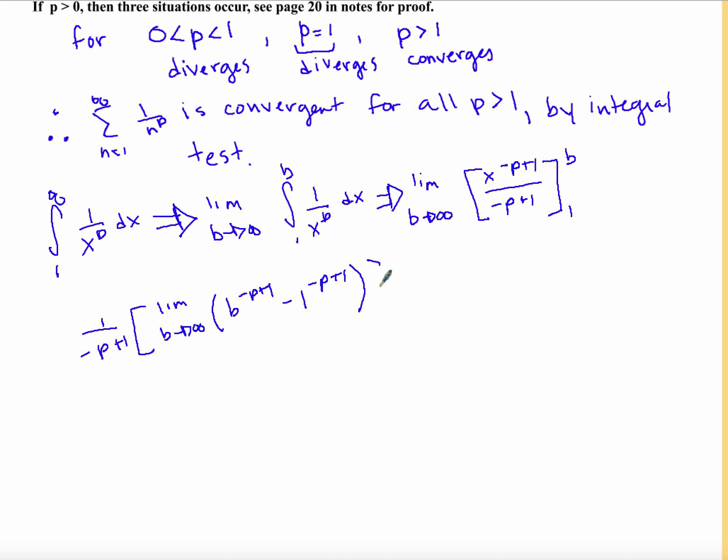Cool. So it looks like we are ready to take the limit. Remember, we're looking at p greater than 1 while we're taking the limit.